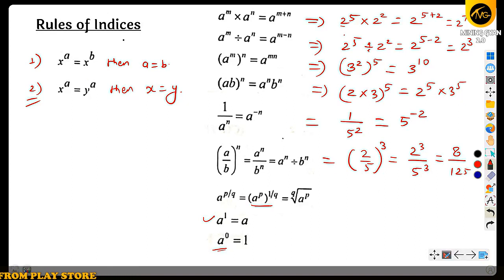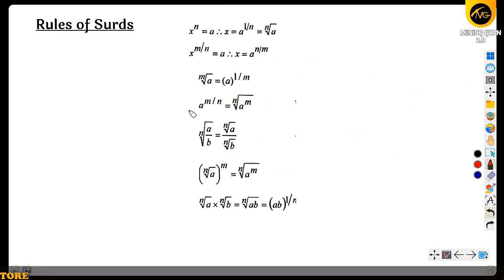Okay, the rules of surds are also there. So first of all, these are the rules of surds. Basically surds mean root. Clear?